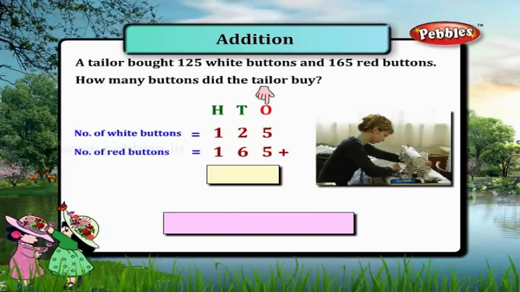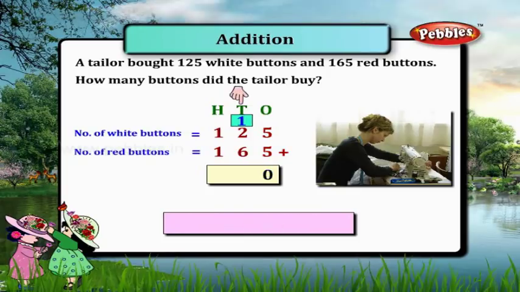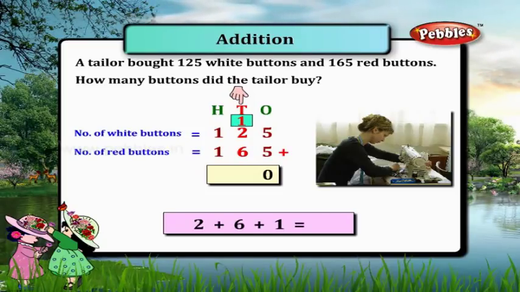Add the ones. 5 plus 5 is equal to 10. Write 0 in the ones column and carry over 1 to the tens column. Now add the tens. 2 plus 6 plus 1 is equal to 9.